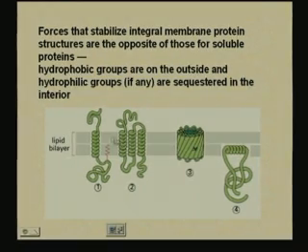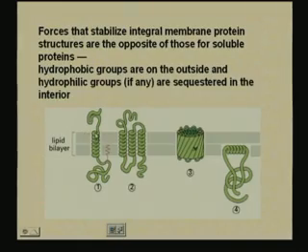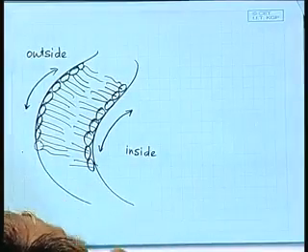So, you remember when we studied the forces that stabilize these membrane proteins, we studied that it was these proteins that would have surface hydrophobic residues, and within the group here, within the helices, suppose we had a bundle of helices, like I mentioned in the earlier classes.